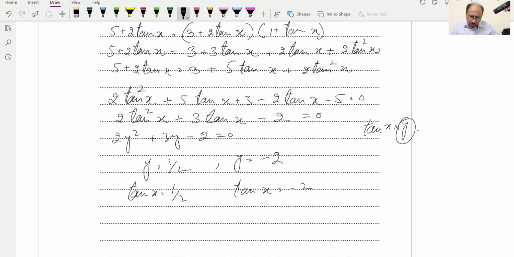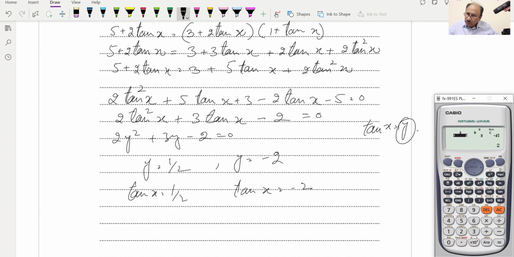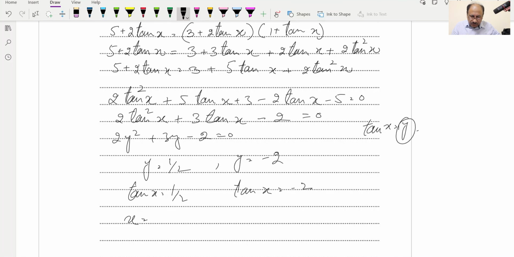So x is equal to tan inverse of 1 by 2, we can check. Shift tan of 1 by 2, 0.5, and this is equal to 0.464, so x will be equal to 0.464.